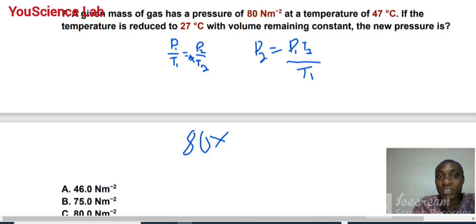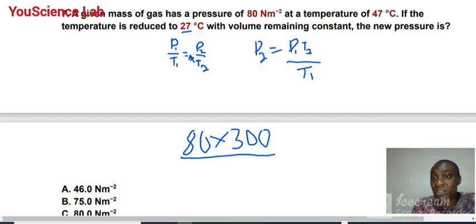So I'm going to add 27 to 273. I have to convert it to Kelvin. So that gives me 300 divided by, then my T1 is 47 degrees. 47 degrees plus 273 is going to give me 320 Kelvin.